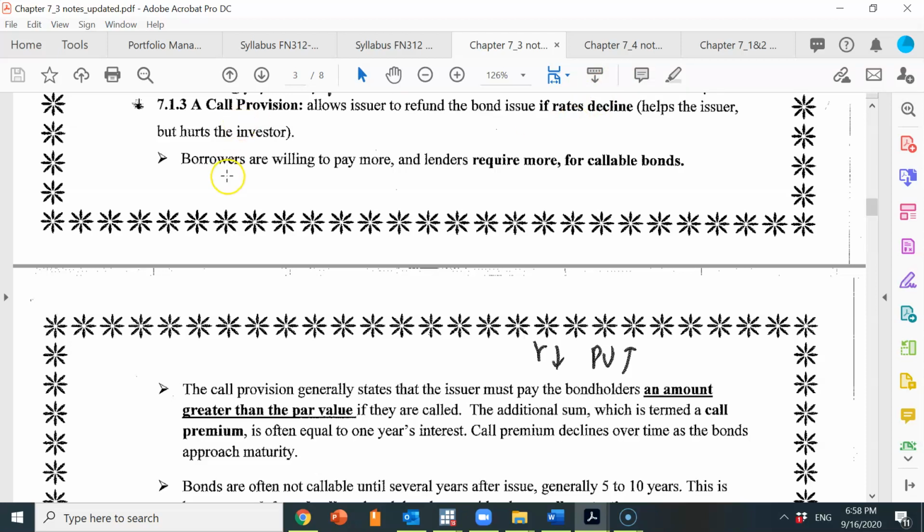So borrowers are willing to pay more, and lenders require more for callable bonds. If the firm has the flexibility or option to call back the bond, usually the lenders, or you as an investor, would require a higher rate of return for callable bonds, because of the additional right or option that the firm has.